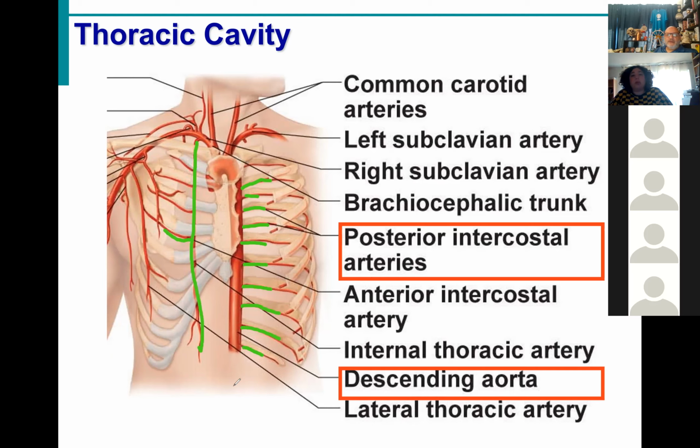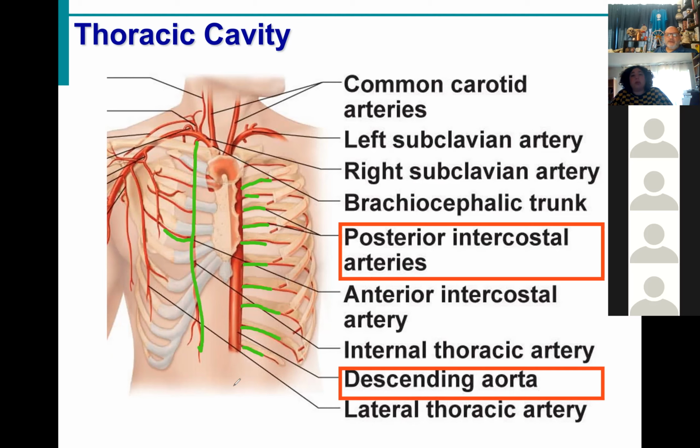However, the same is absolutely not true for the abdominal cavity. For the abdominal cavity, there's a whole lot going on. So again, let's jump away from the picture and do a very simplistic drawing of this. Here we have our abdominal aorta coming down, and let's start simple.